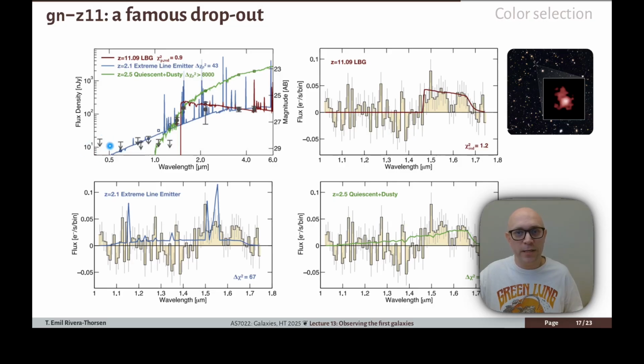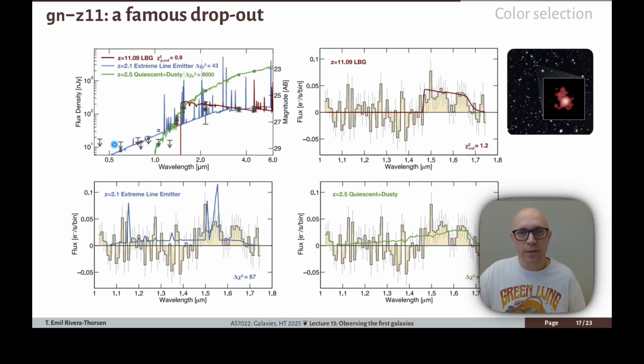And where you see these downward pointing arrows, that means that's an upper limit. That means that there was a non-detection, and then they take the error bars on the measured flux on that non-detection, and then they say, whatever the flux is, it's definitely not higher than this. It's probably also lower. Might even be a good deal lower. May very well be 0.